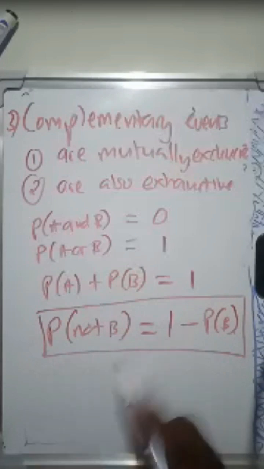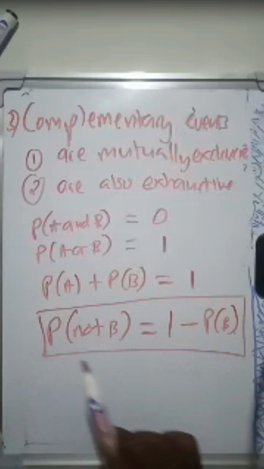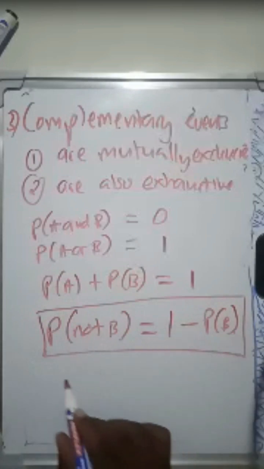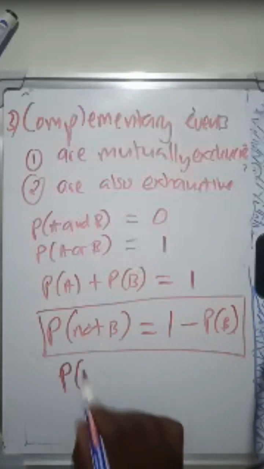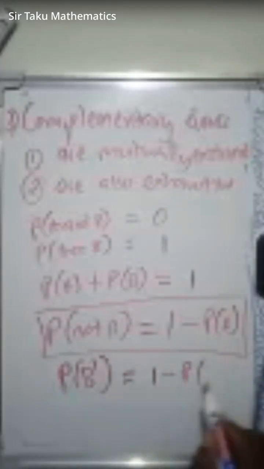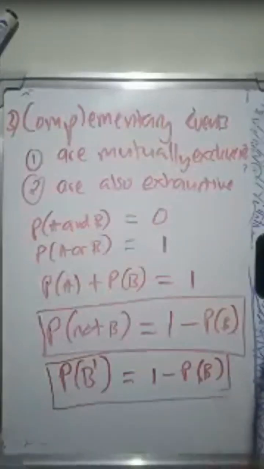So the probability of not B, it means you are calculating what? The probability of A there. But the probability of not B is 1 minus that one. This can be written in another way: the probability of B complement is equal to 1 minus the probability of B. So this is very important for complementary events. Okay?